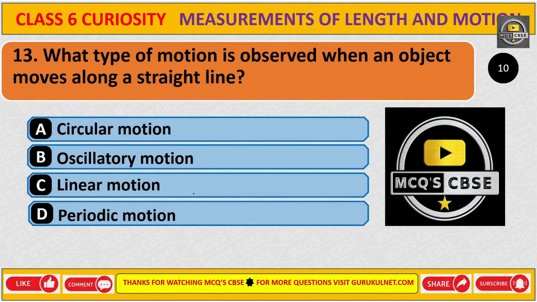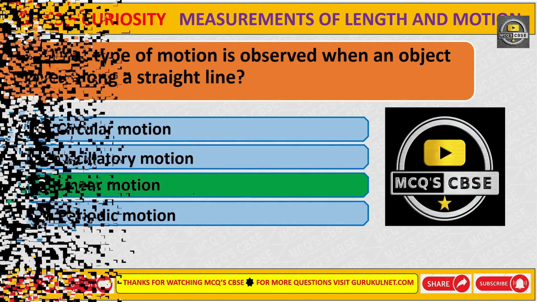What type of motion is observed when an object moves along a straight line? And the correct answer is C, linear motion.